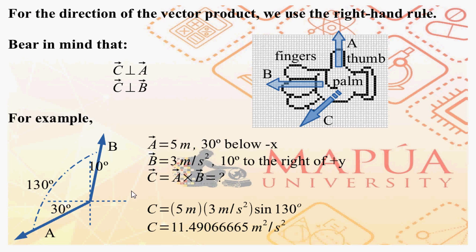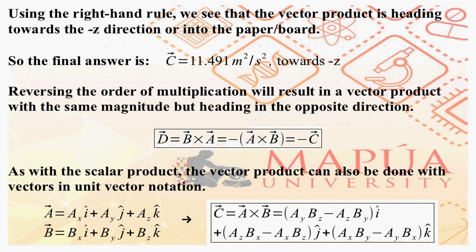If you do it properly, vector A is your thumb, vector B, the second vector, is your fingers, and your palm is the direction of vector C. Your palm will be heading towards the paper or board or screen.